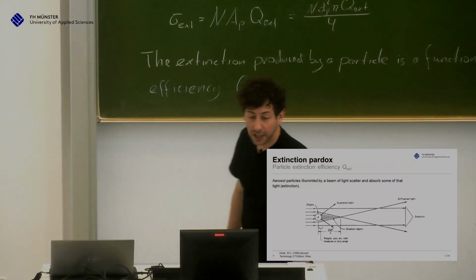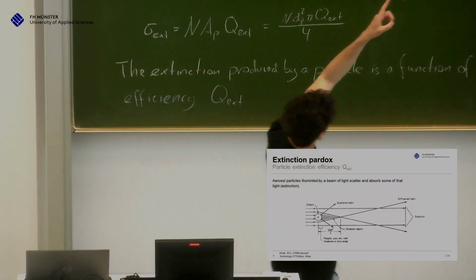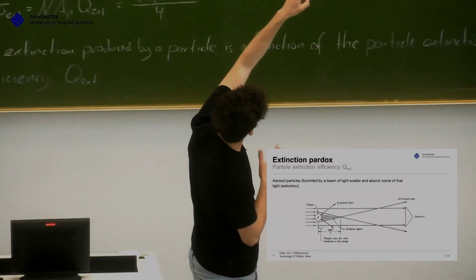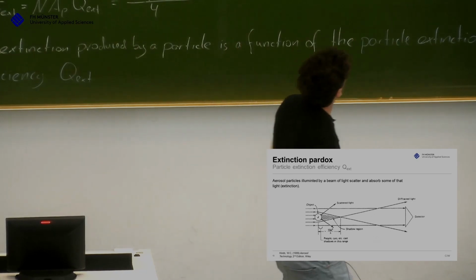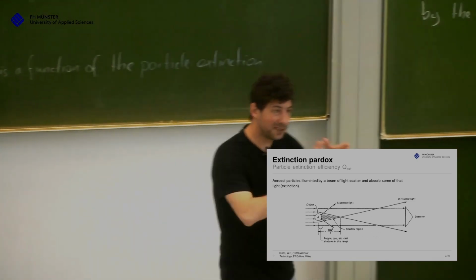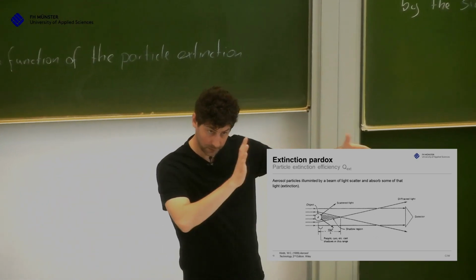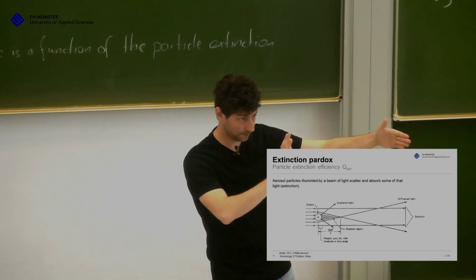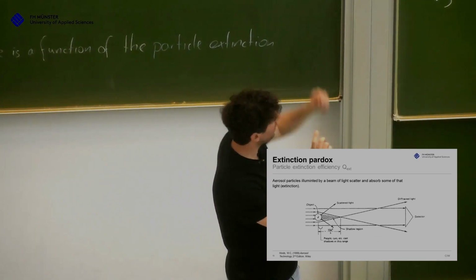So the question is, what is the distance? Because you see that there is 10 d squared divided by lambda. So this is the distance you have to have from the particle to get this effect.